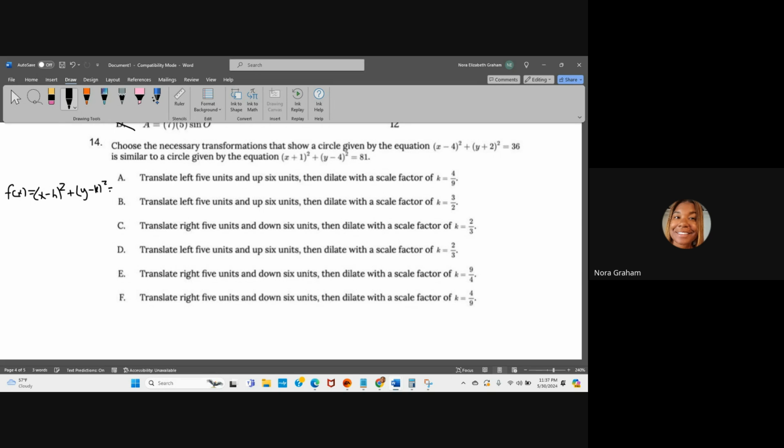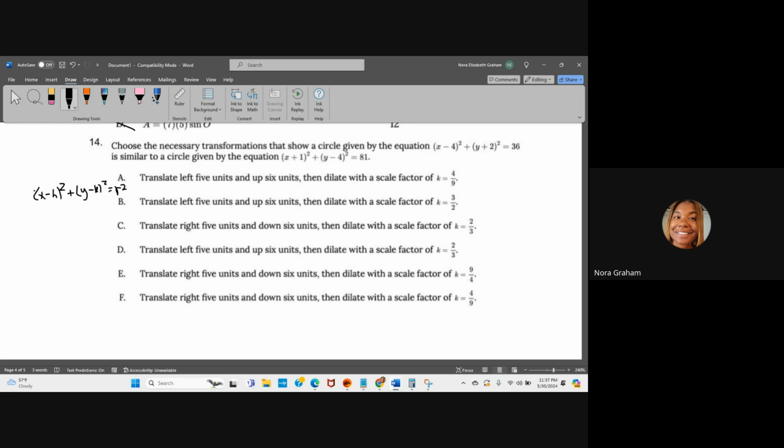And that's going to be equal to r squared. That's our parent function, okay? And I can get rid of this f of x. We don't have to have that there. Having the two equals is kind of weird. We'll just leave it like that. All right, where r is the radius of our circle, okay?